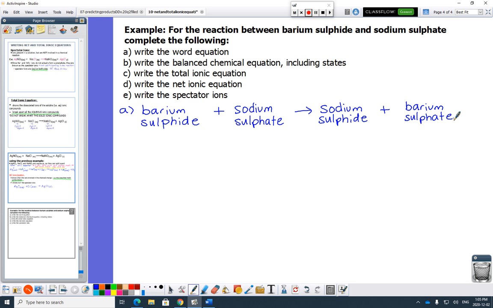If you wrote it down before I started and you wrote barium sulfate first, that also doesn't matter.